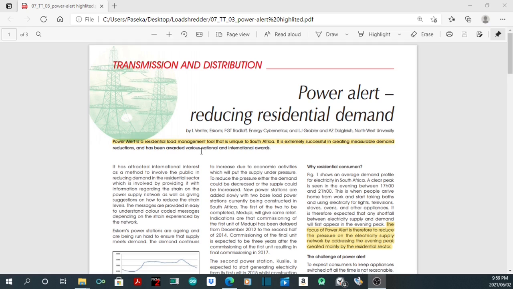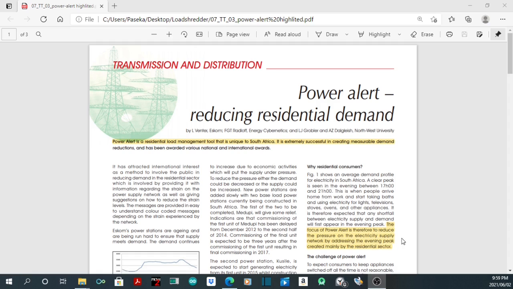And there's an article here, and it lists its contributors and has a bunch of information on what this project basically is. And so, by definition, the Power Alert is a residential load management tool that is unique to South Africa. It is extremely successful in creating measurable demand reductions and has been awarded various national and international awards.